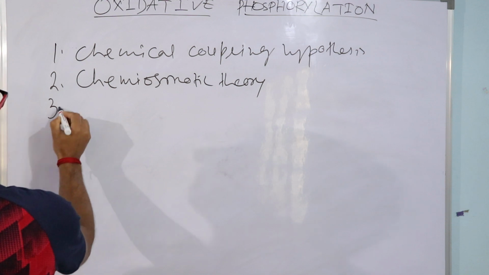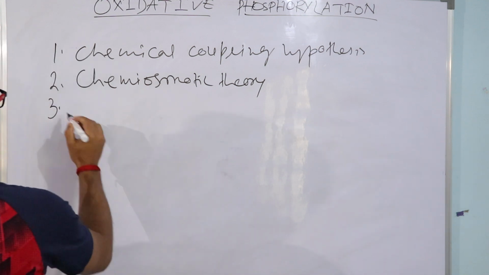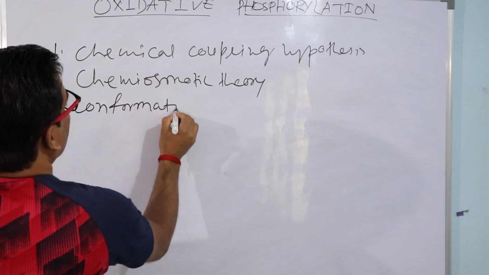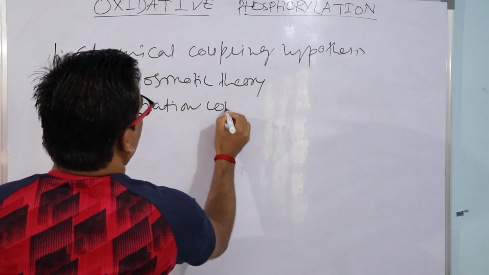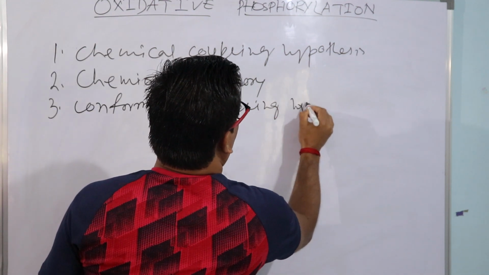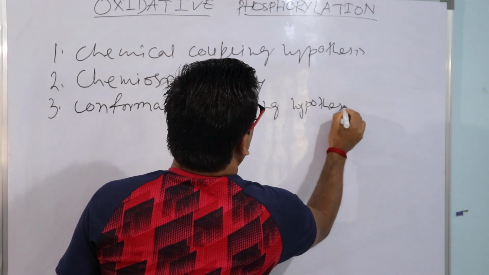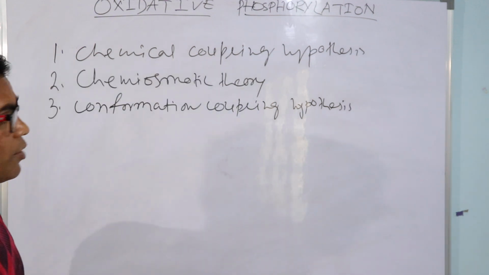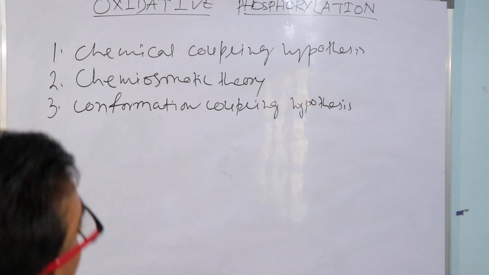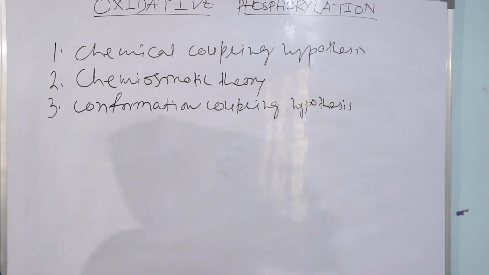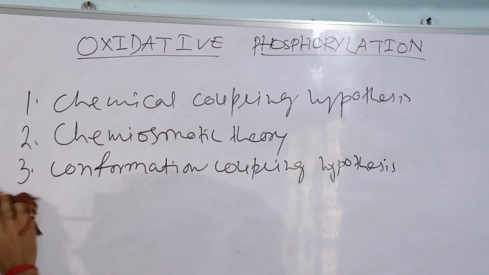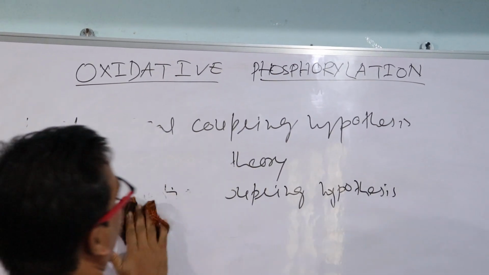Third is known as the conformational coupling hypothesis. So these are the major theories which explain oxidative phosphorylation. The most commonly accepted hypothesis is the chemiosmotic hypothesis. So let us start the chemiosmotic hypothesis.